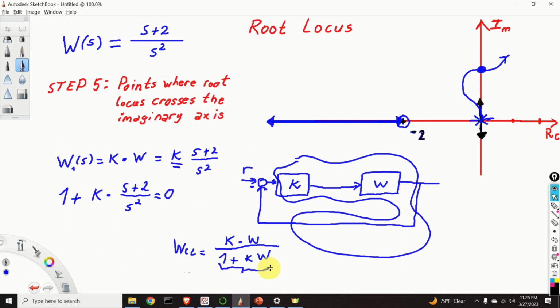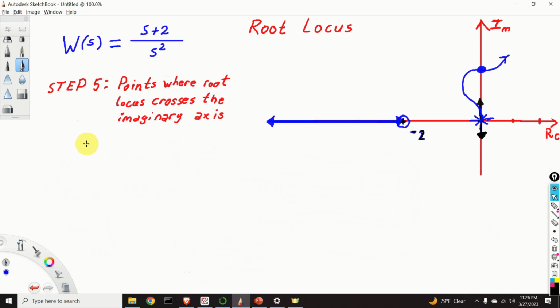And here it is, here's our characteristic polynomial. Here I will write it again: 1 plus K times (s plus 2) divided by s squared, and this should be equal to 0. From this equation we obtain s squared plus ks plus 2k equal to 0.